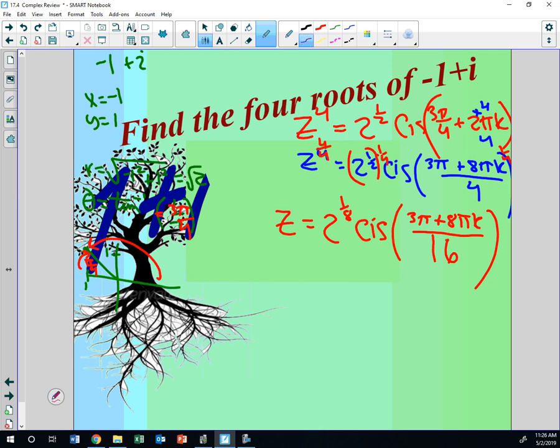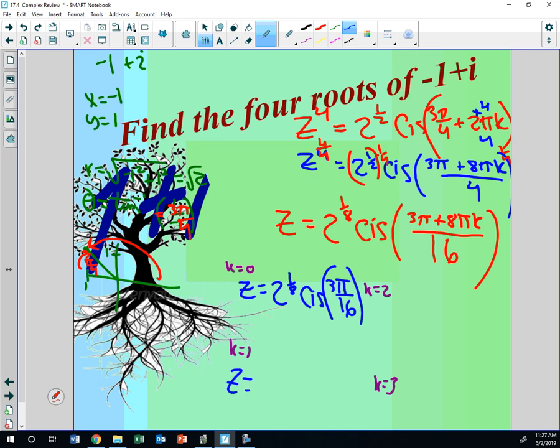So you're all set. So now you're going to do k equal to 0, k equal to 1, k equal to 2, k equal to 3, and then you're going to have z equal to 2 to the 1/8. 3 pi plus 0 is just cis 3 pi over 16. And you don't have to turn that into rectangular. When you have weird things like 16ths or 9ths, we didn't have those on our unit circle, and you won't have your calculator, so you don't need to worry about that.